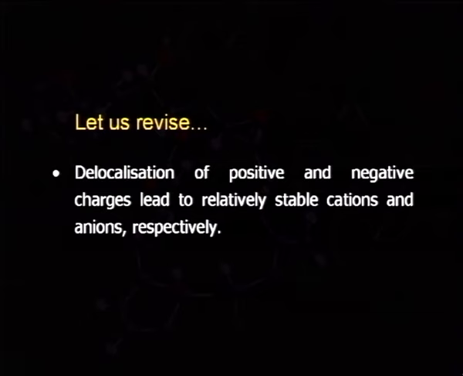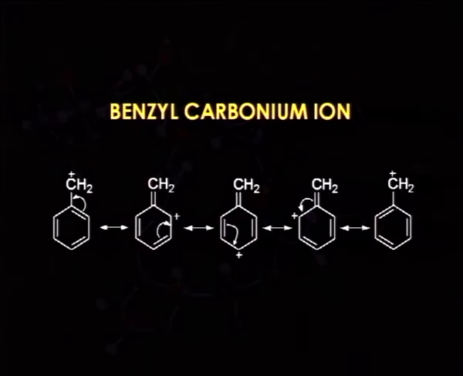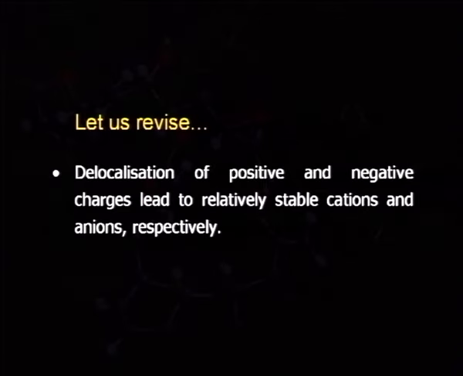Delocalization of positive charge leads to a relatively stable cation, as we have learnt in the case of the benzyl carbonium ion. Since the benzyl carbonium ion shows more resonating structures, it is quite stable, and in the same way delocalization of negative charge also leads to a stabilized anion.